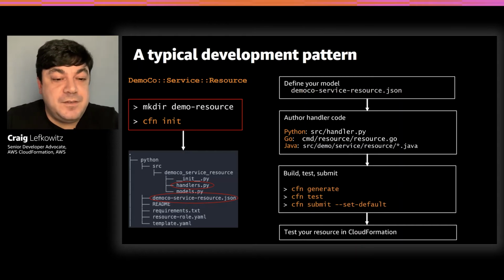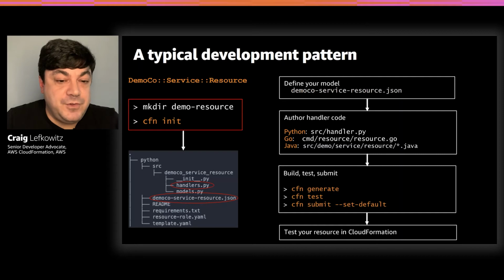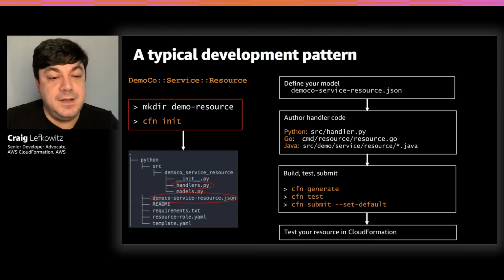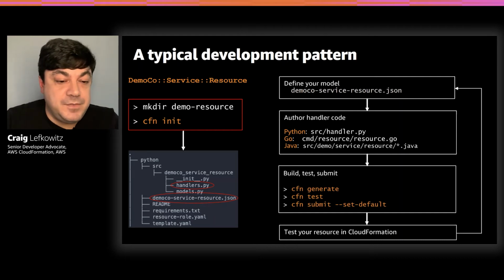Note that I've used a set default switch, which sets the version I'm submitting as the default version. Remember that the CloudFormation registry is a versioned repository, and only one version can be active at any given time. The set default command sets this version as the active version, and this is the version that any future CloudFormation templates will use. Then, test your code by submitting your template that references your resource type, fix any issues that you encounter, and then repeat the process.